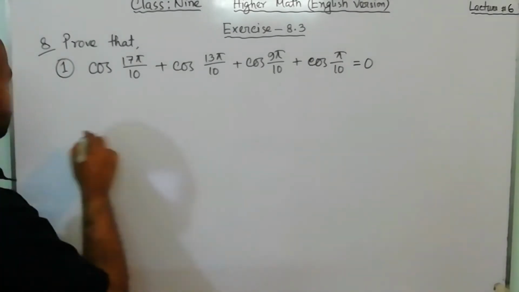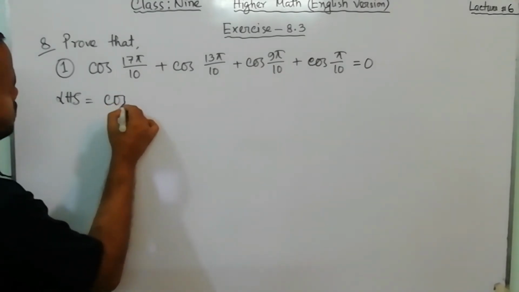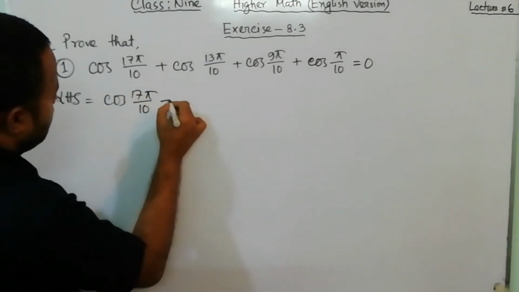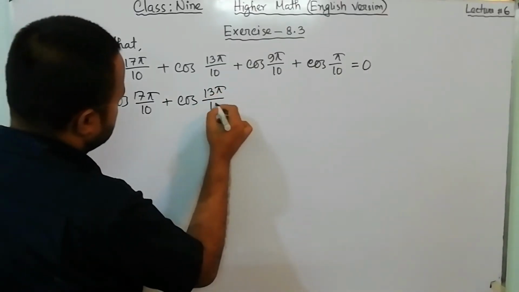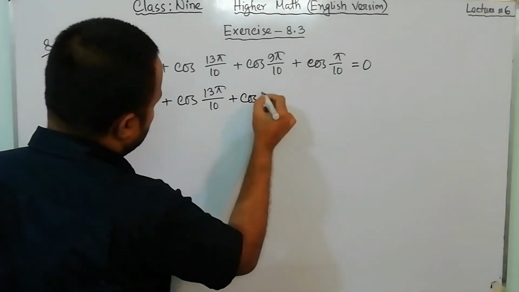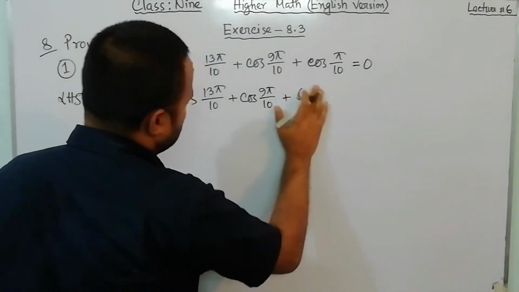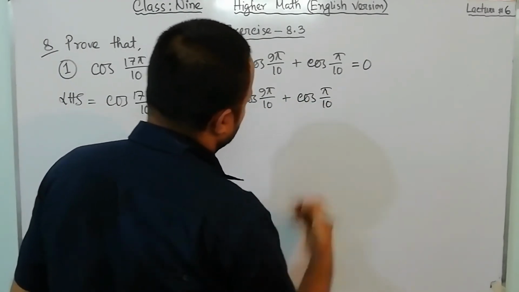At first we can write left hand side equals cos 17 pi by 10 plus cos 13 pi by 10 plus cos 9 pi by 10 plus cos pi by 10.